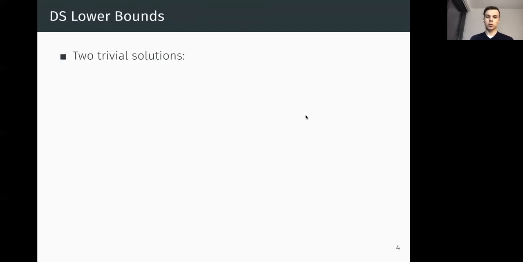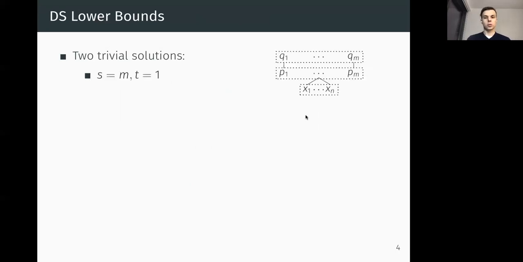So of course, there are always two trivial solutions to any static data structure problem. The first solution is you just pre-compute all the answers to the possible queries. Then each query takes only one memory probe to answer. It takes only one memory cell, but the memory used is M, the number of possible queries, which is not ideal.